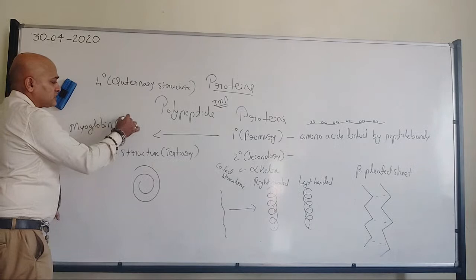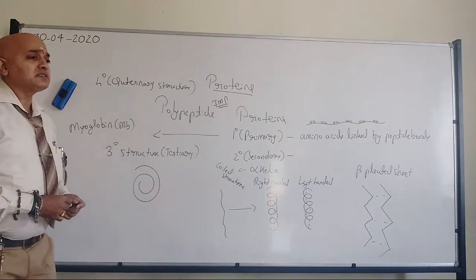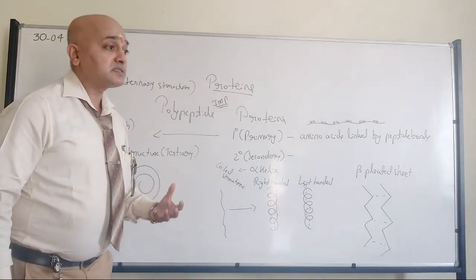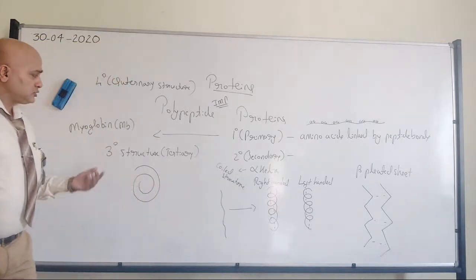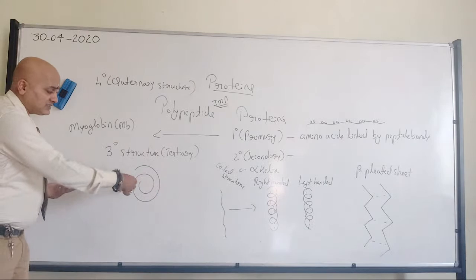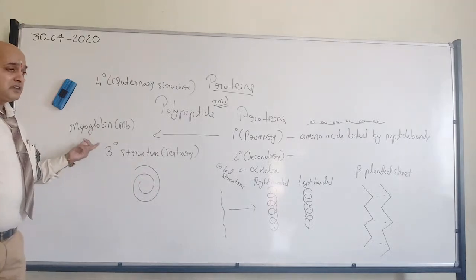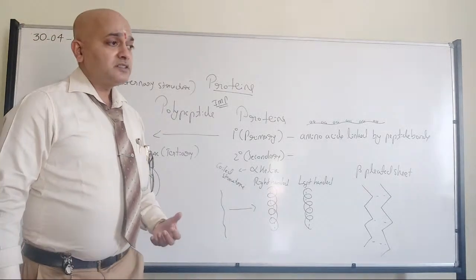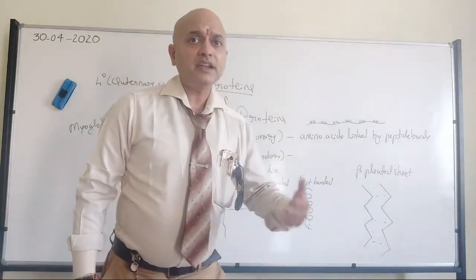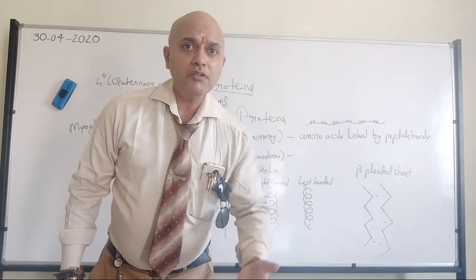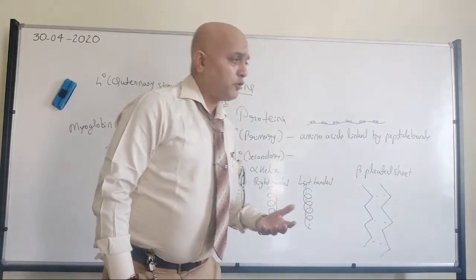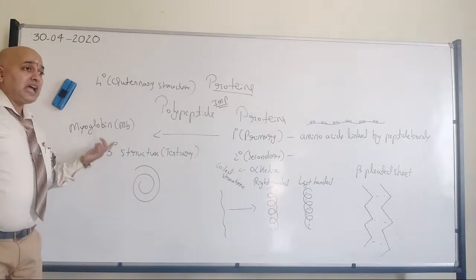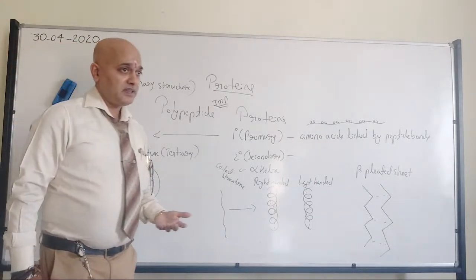Which is an oxygen storage protein in the muscles. Myo, M-Y-O, stands for muscles. Globin is due to globular structure, that means spherical structure. So biology students will be knowing, and computer science students you can know now. Myoglobin is nothing but a globular protein having a single polypeptide, right?